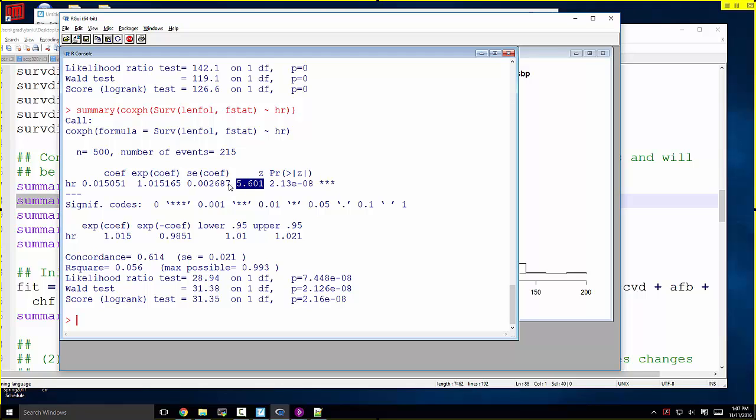That's because the standard error really was so small. The coefficient itself is relatively small, but the standard error is even smaller, so that wound up giving us statistical significance. So we have, again, evidence that heart rate is explanatory, even if the effect size is not all that large.